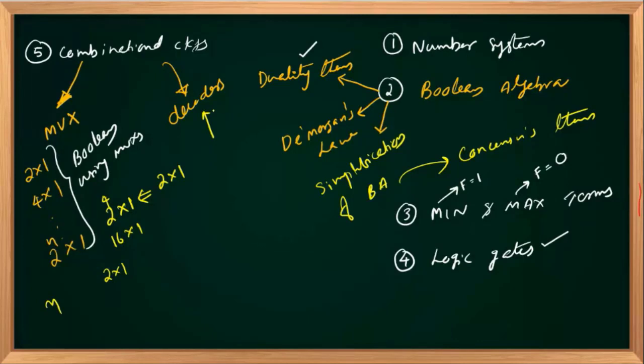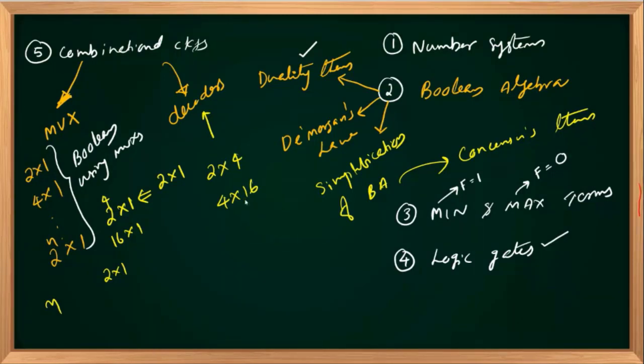Decoders. Basic properties of a decoder. Output expression of a decoder. How to implement higher order decoders using low order decoders. Let us say one example. If we have a 2 by 4 decoder with us, how to implement a 4 by 16 decoder.